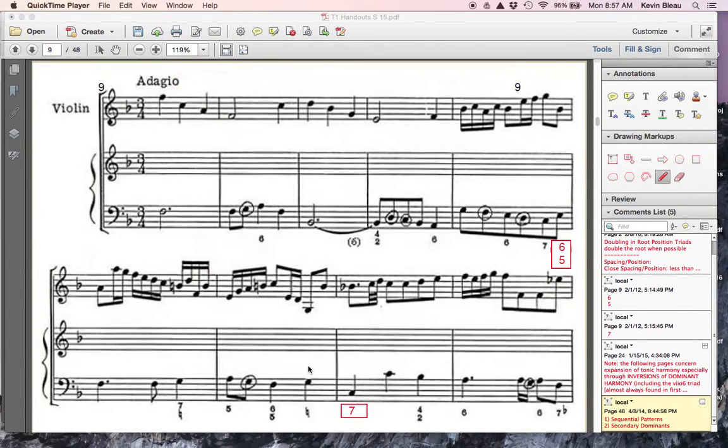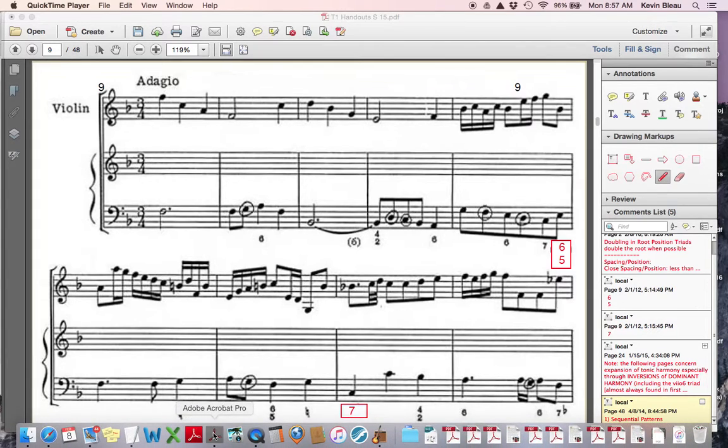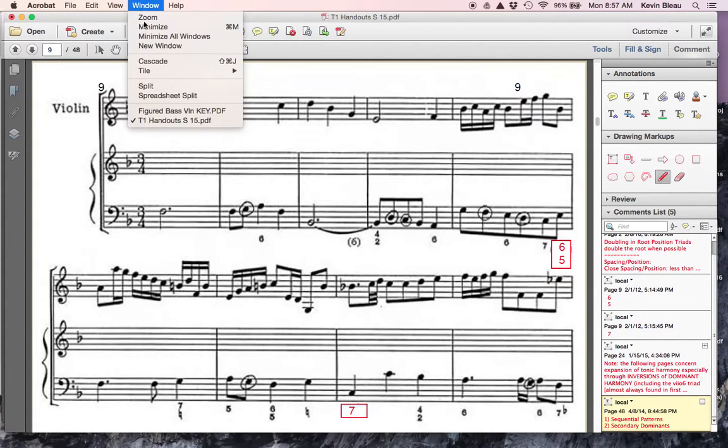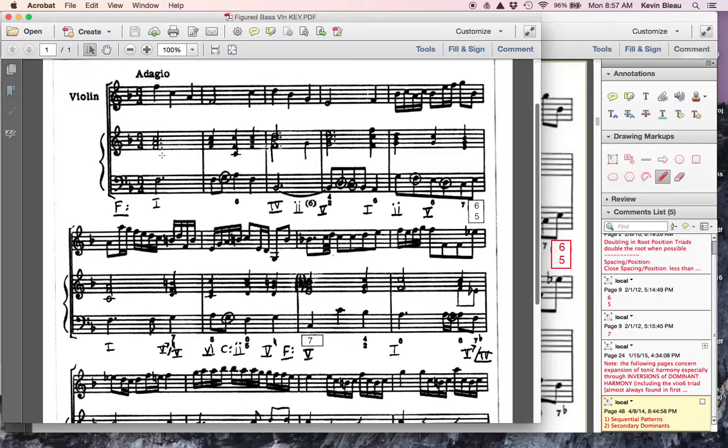So keep this page in your notes. And I'm going to put up another page which is kind of a solution to this. Let's see. This is how a keyboardist might play this figured bass. So this is the same exact thing, but with a realized keyboard part.